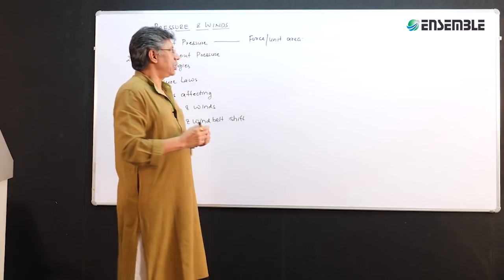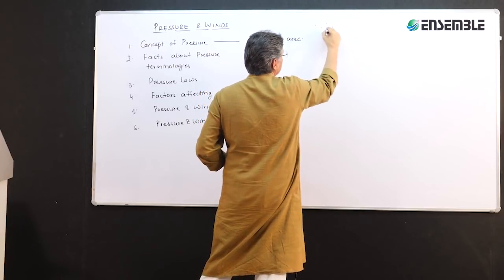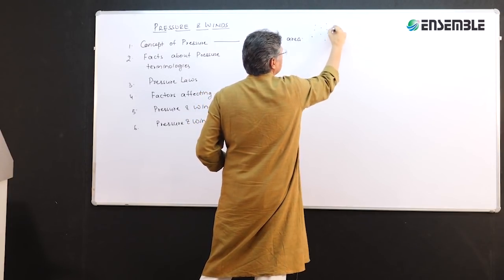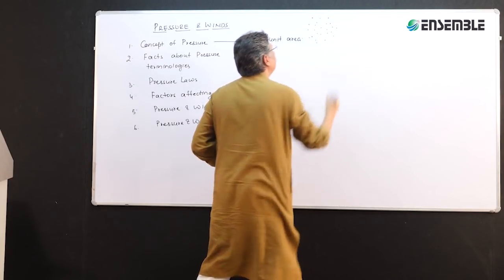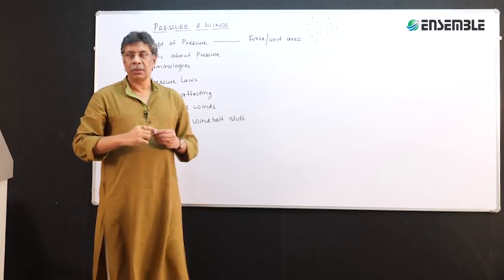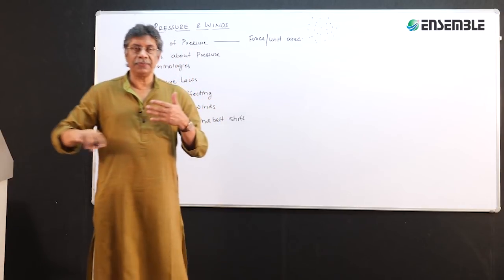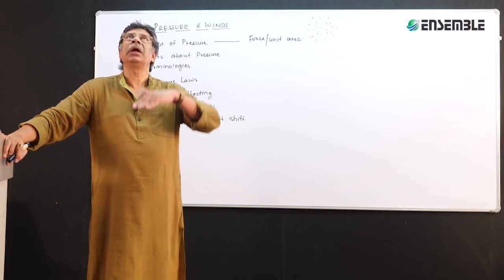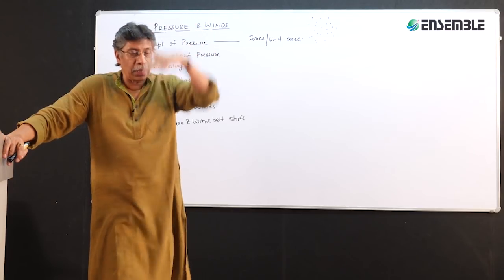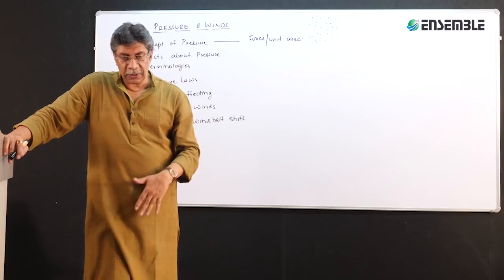Now, imagine air molecules, they are not fixed. All of these air molecules in an air body are always going to be mobile, always moving. Now, as they are moving, they keep on colliding as well. They keep colliding with the ceiling, with the board, with the ground.